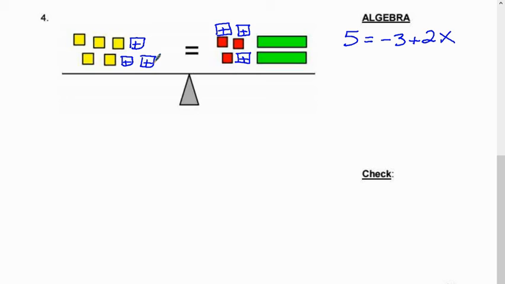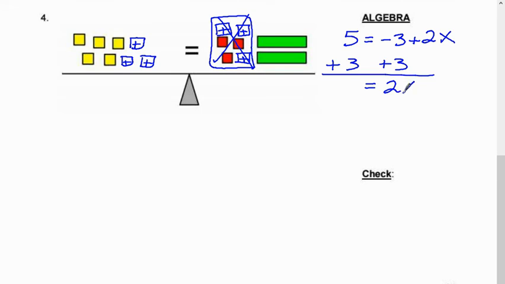So algebraically, we just added 3 to both sides. I added 3 on the right, and then I added 3 on the left. Bring the equal sign down. On the right-hand side, I've got the 3 red negatives with the 3 positives, so all of this makes 0, leaving us only with the 2 variables.